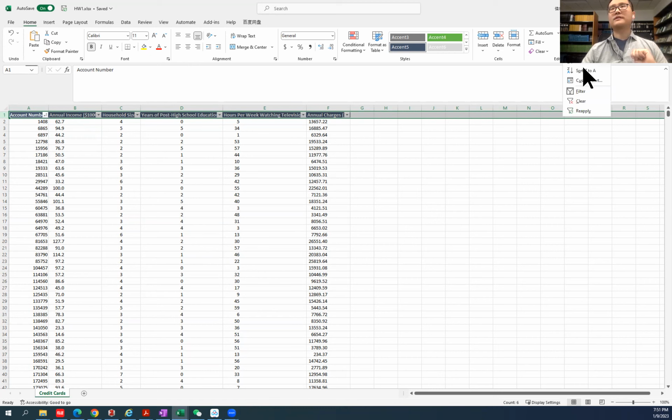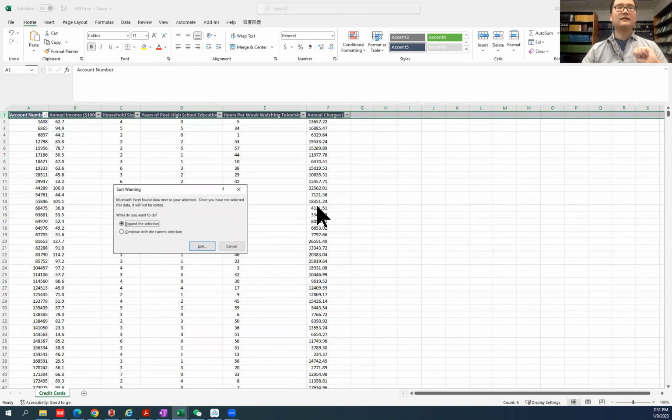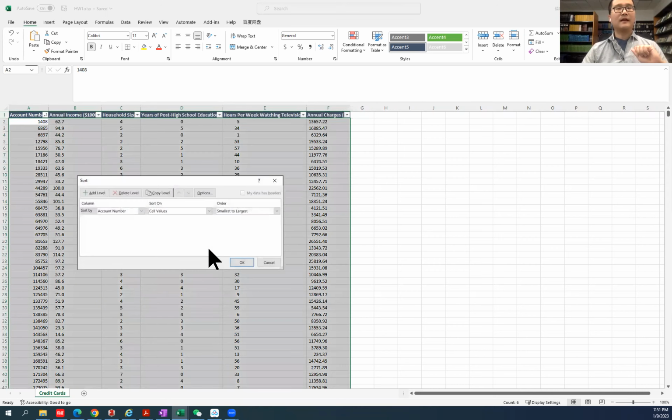If we want to sort on specific columns, we need to use custom sort. By default, it usually expands its selection to the entire worksheet instead of just one column, because if you sort one column without moving other associated columns, it will change the sequence of the data, right? So for example, instead of the account number, we could sort by household size, by cell values, from smallest to largest.